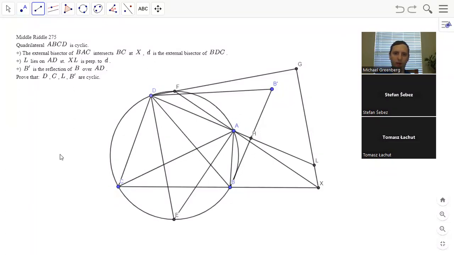We could try using angles. So angle B prime LD is the same as angle BLD. I'm thinking maybe we could show B prime LC plus B prime BC is 180. B prime LC and B prime BC, those angles are both reflections of triangle DBL. So maybe that could help.